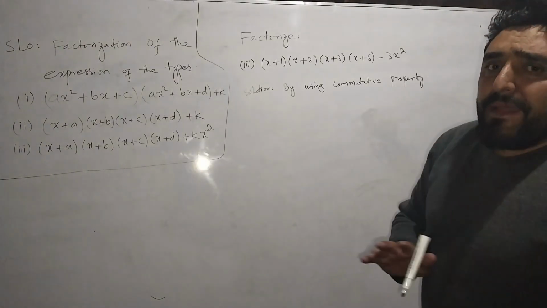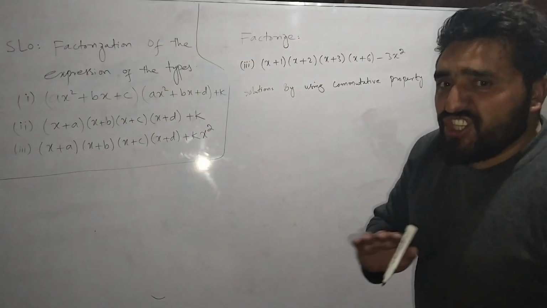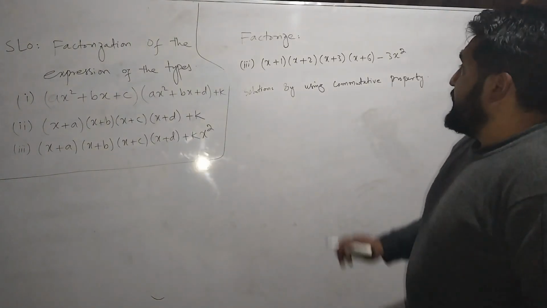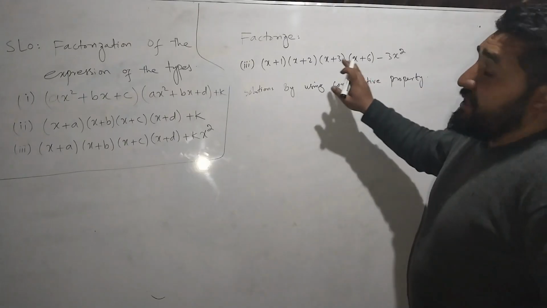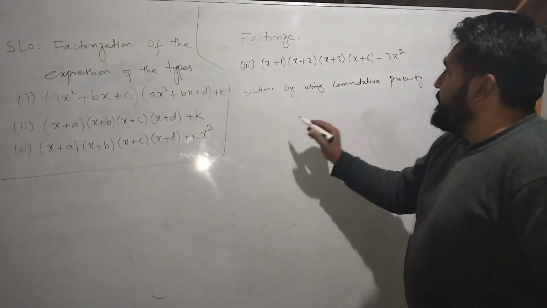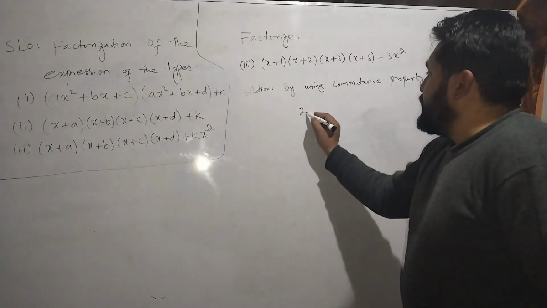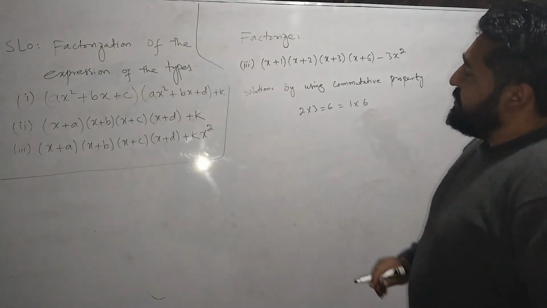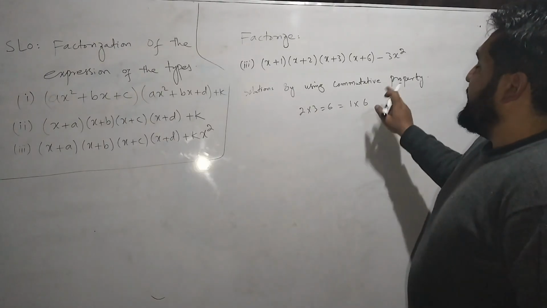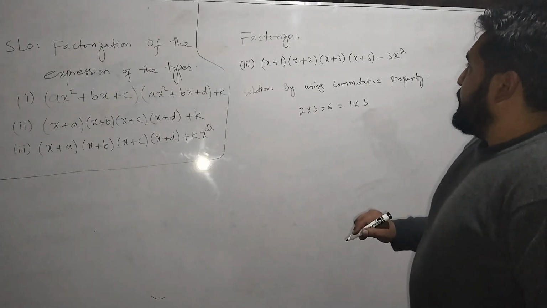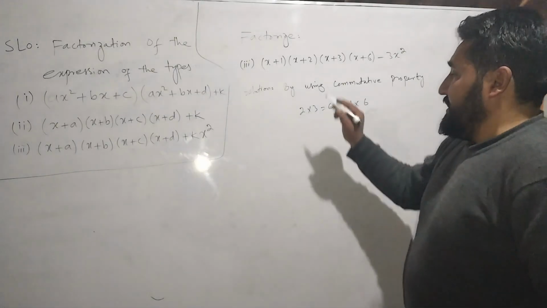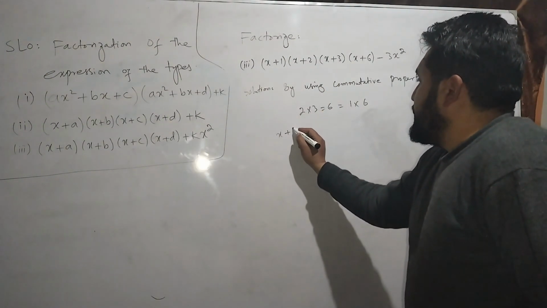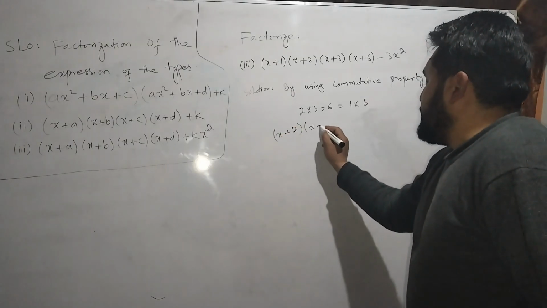ओके इस क्वेश्चन में हम कम्यूटेटिव प्रॉपर्टी ऑफ एडिशन नहीं यूज करेंगे, हम कम्यूटेटिव प्रॉपर्टी ऑफ मल्टीप्लिकेशन यूज करेंगे क्योंकि मल्टीप्लिकेशन वाली प्रॉपर्टी फुलफिल हो रही है. So if we multiply 2 multiply 3 is equal to 6 or 1 multiply 6 equal to 6, so we use the commutative property of multiplication here. So here what is our x plus 2 into x plus 3?